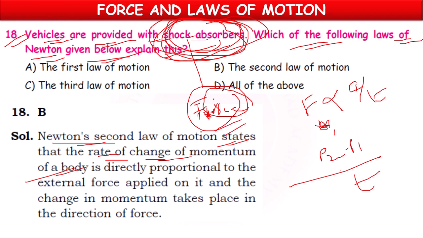To protect from that impulsive force, the vehicle is provided with a shock absorber, and it is based on Newton's second law of motion. So answer option B is correct.